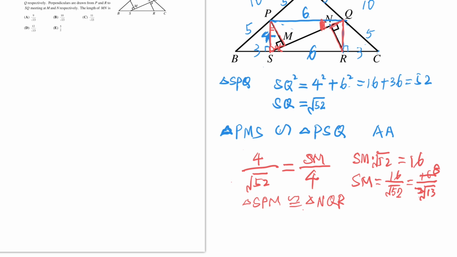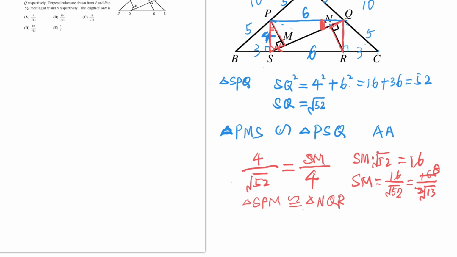The congruency is SAS: side length PQ equals QR.